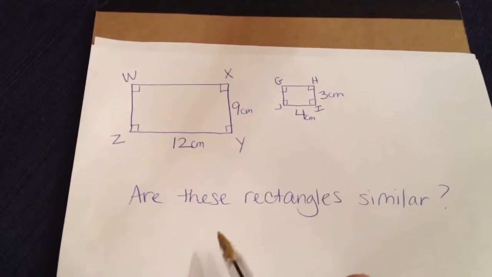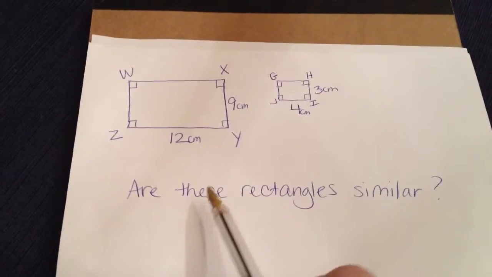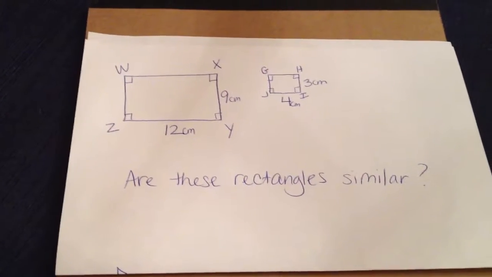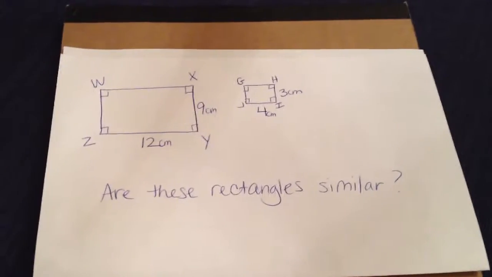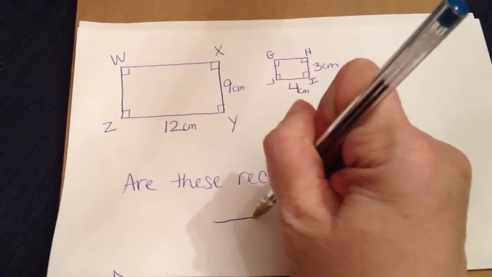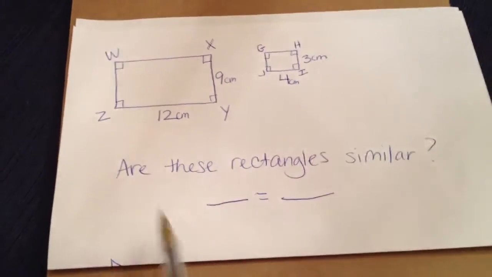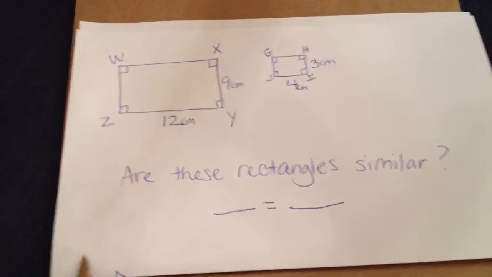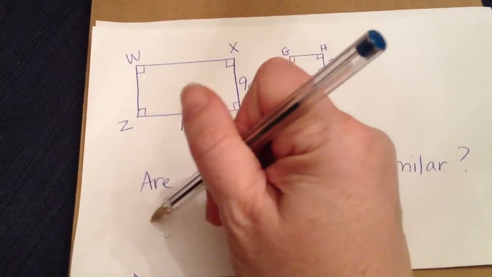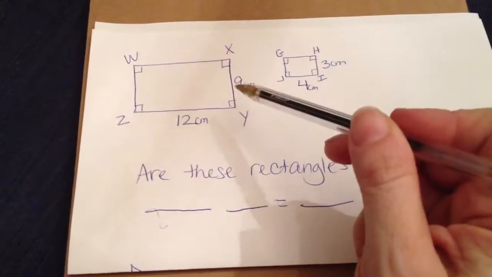We want to set up a proportion that helps us figure out if the sides are proportional. Anytime you're setting up the proportion, not only put the numbers in proportion form, but also write a word ratio. So before your ratio of numbers, you're going to create a ratio with words.